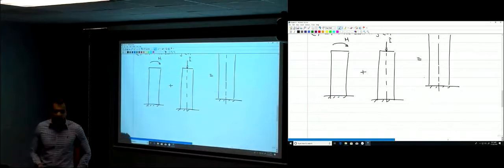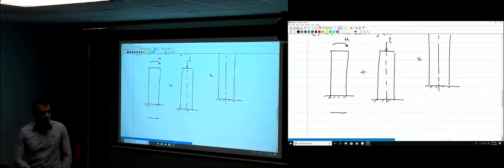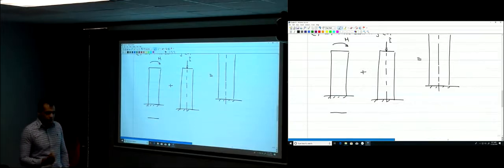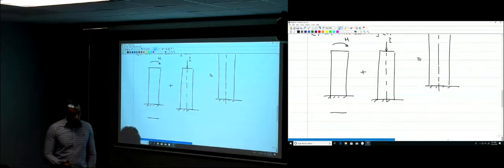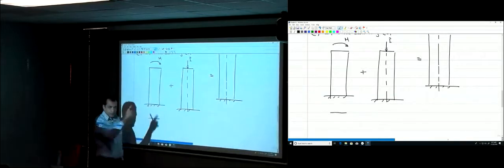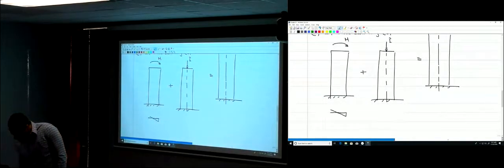Now, let's see the strain distribution. When you have a moment like this, what would the moment result in? Would you have a uniform strain distribution? How does the strain distribution look for a moment? We said the strain distribution is always linear. So a moment like this will give you compression on this side and tension on this side. So the strain distribution is linear, it's not constant, and it's like this.